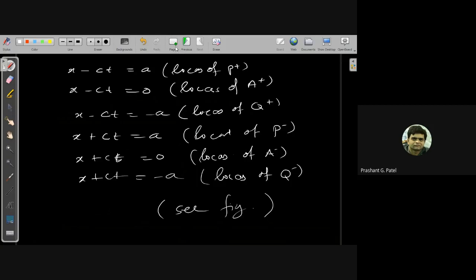Now the second case. That means we are discussing the properties of characteristics. In the first case we have seen what will happen if the characteristic carries a discontinuity.